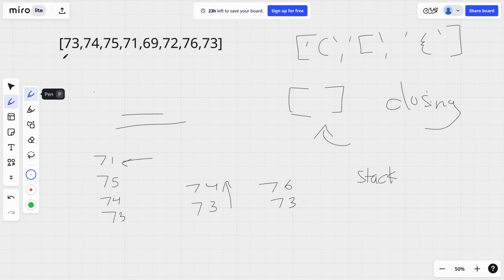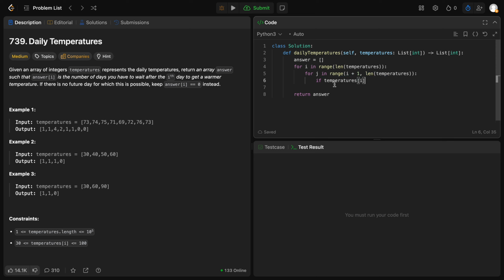Like we're at 73, and then i is here, and then j is here at 74. And then we want to check if the first element is less than the second element. And if so, we want to append it to our answer. We want to append j minus i. So that is 1 minus 0, and I think that's correct.